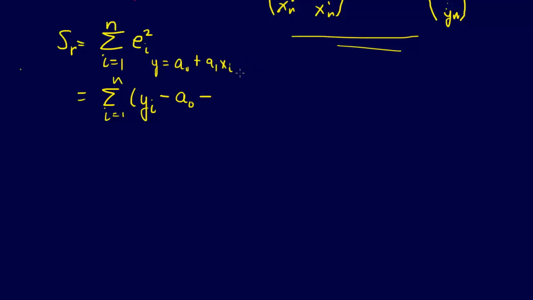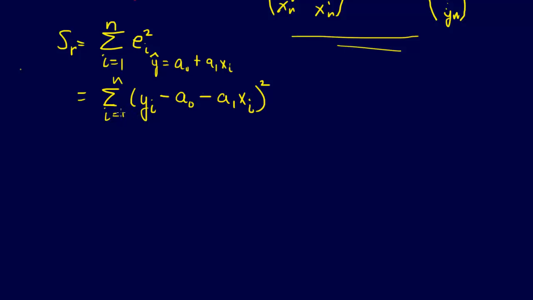So that's y, and let's call that y hat, because the actual y may not lie on the line, so we'll call that line y hat. So minus a_1 x_i. Okay, and then let's square it. So this is the sum of the squares of the errors.